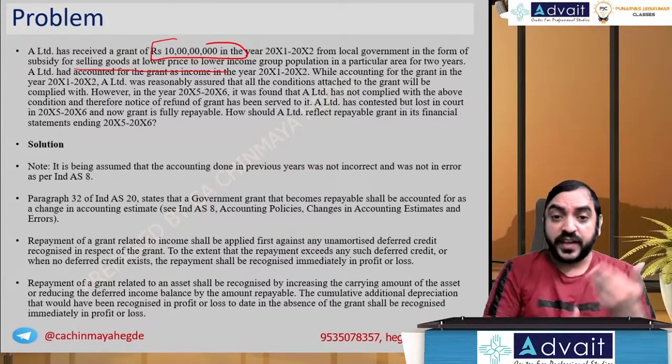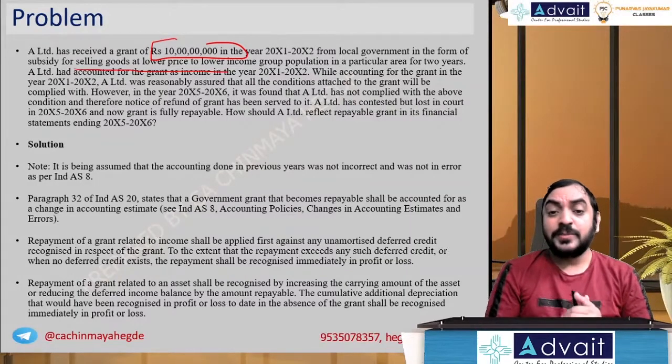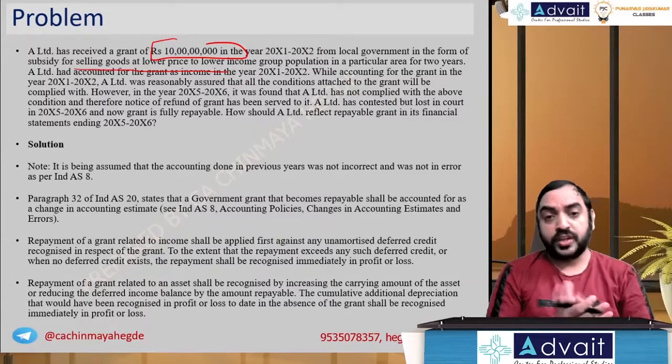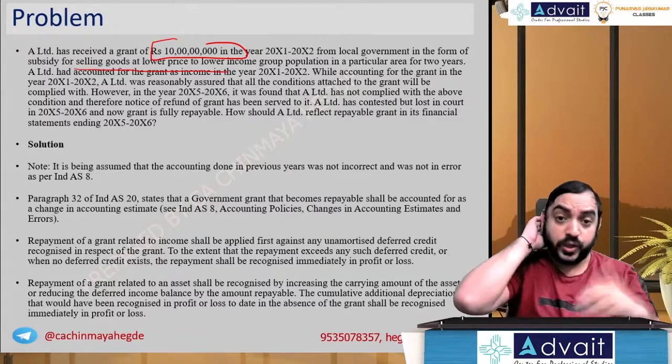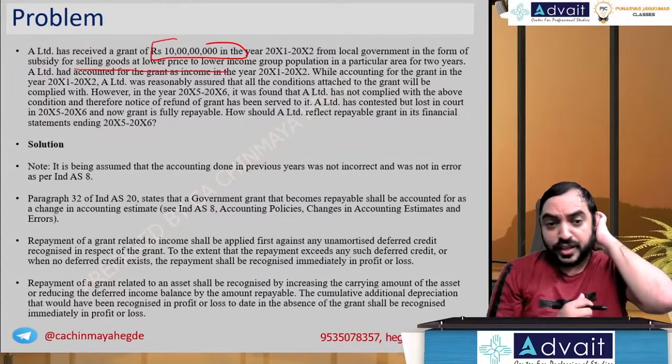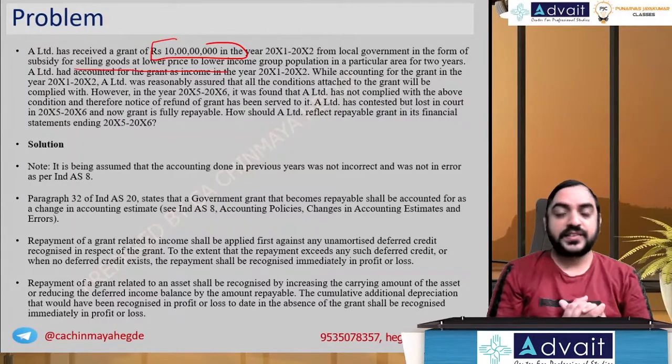However, in the year 2005-6, it was found that A Limited has not complied with the above condition and therefore a notice of refund of grant was served to A Limited. It has contested but lost in the court in 2005-6, and now the grant is fully repayable. How should A Limited reflect the payable grant in financial statements ending 2005-6?